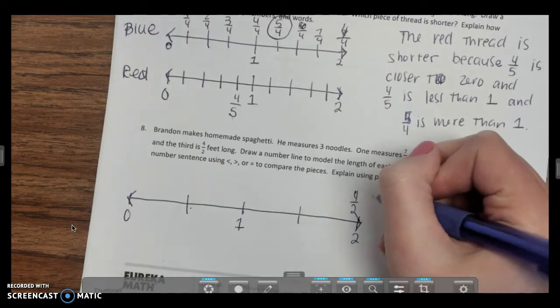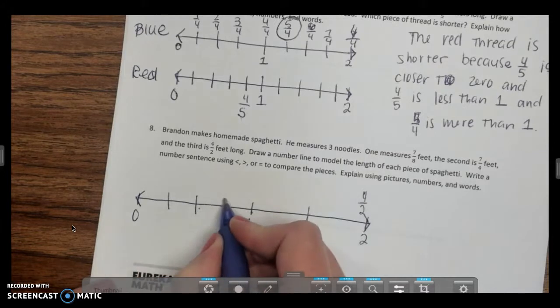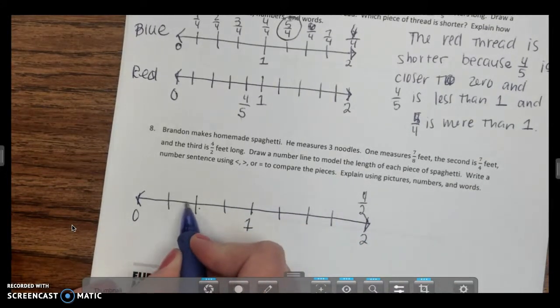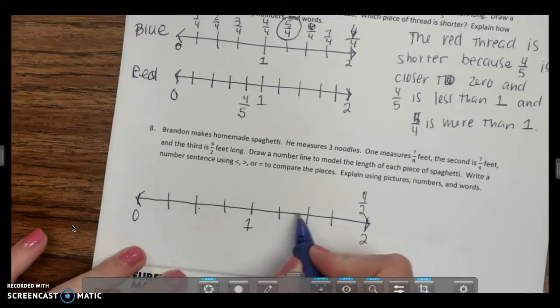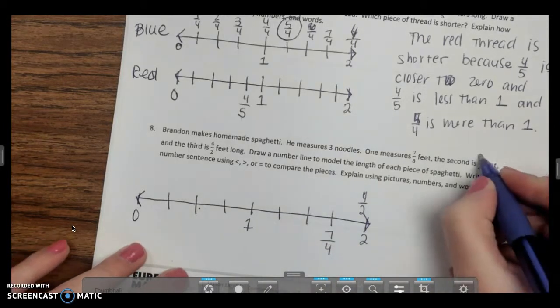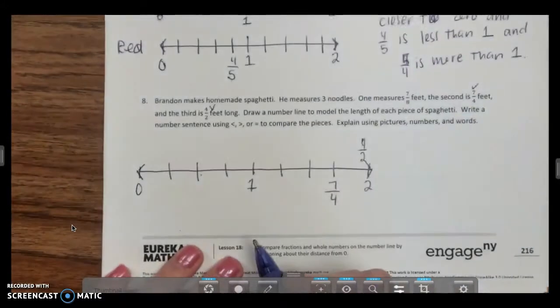And then I'm going to plot the fourths. So I'm going to make them into fourths now. 1/4, 2/4, 3/4, 4/4, 5/4, 6/4, 7/4. Now I have to do 7/8, so I'm going to make these into eighths now.